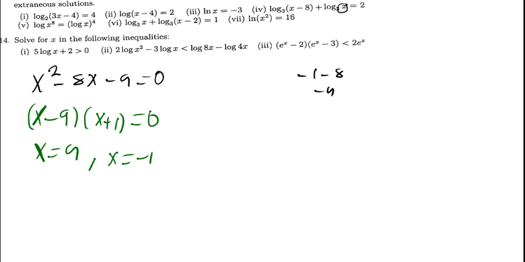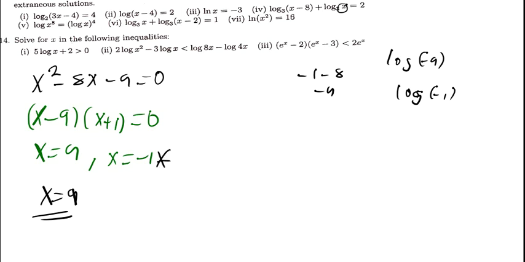So I've got log of negative 9 and log of negative 1, which is undefined. Therefore, the only solution for this equation is that x should be equal to 9. x equal to negative 1 is not the solution because it's giving me negative. Okay.